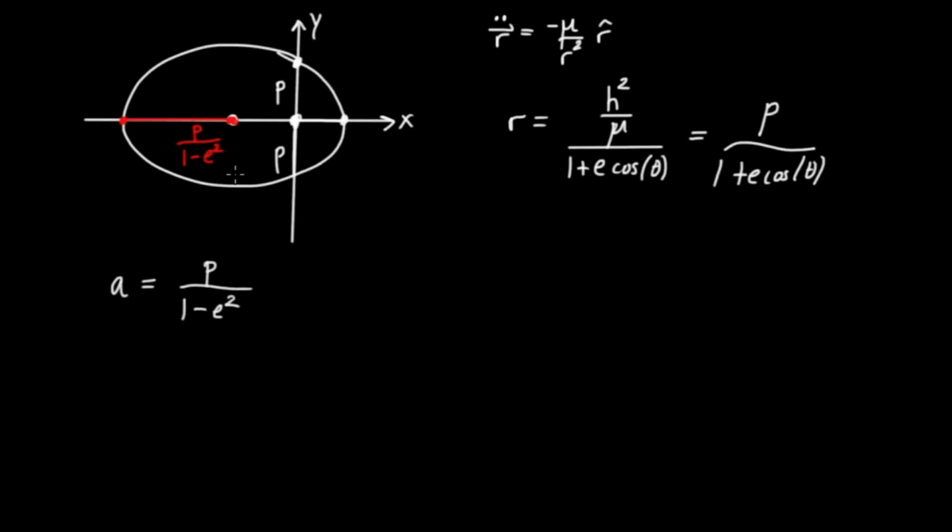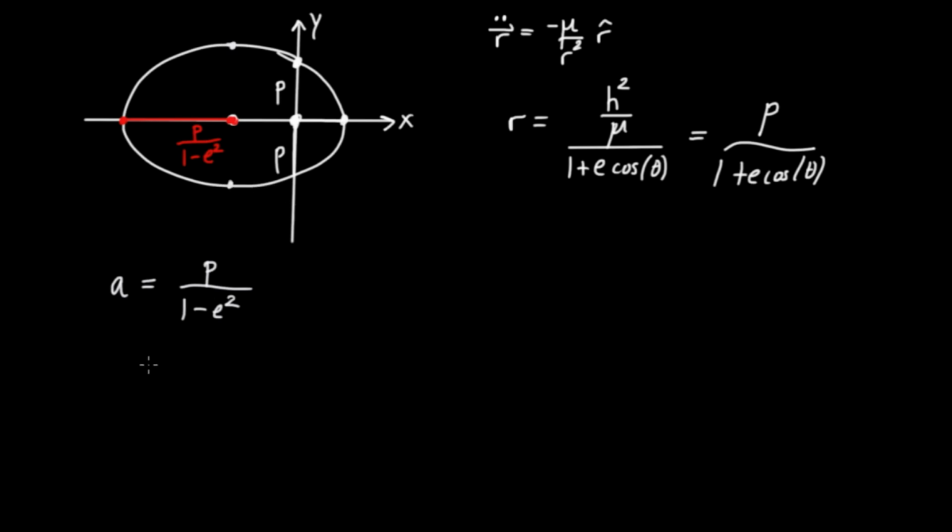So here I've updated our ellipse to show the semi-major axis, which is p over 1 minus e squared. Now, in addition to the major axis, this long axis here, we also have a minor axis, which is going to be this vertical distance here with respect to the center. So it's going to be the vertical distance from the maximal y value down here to the minimal y value.